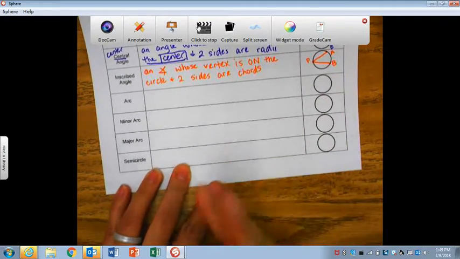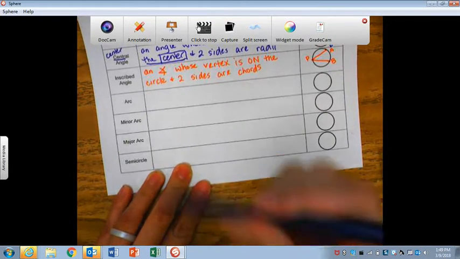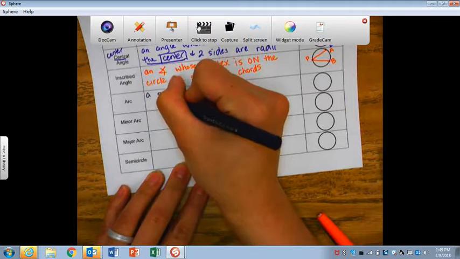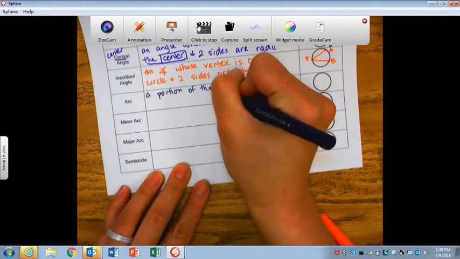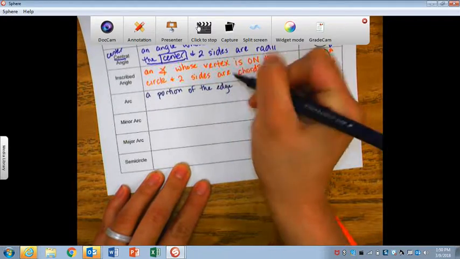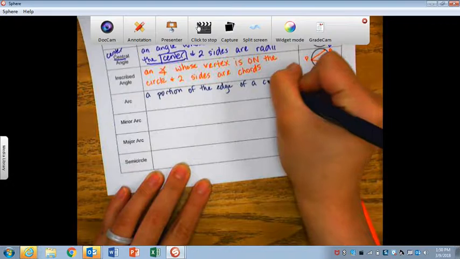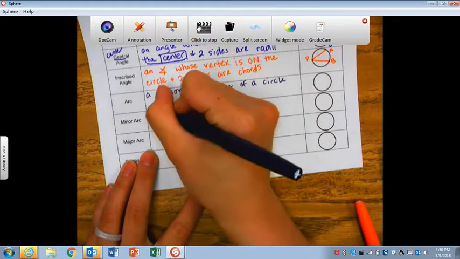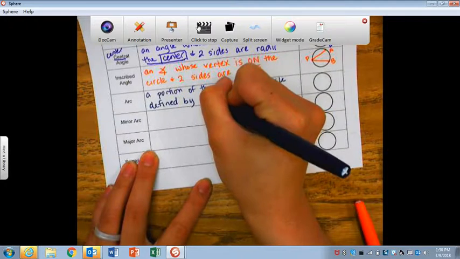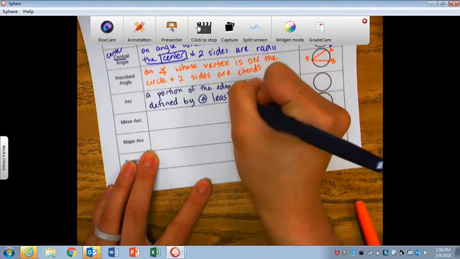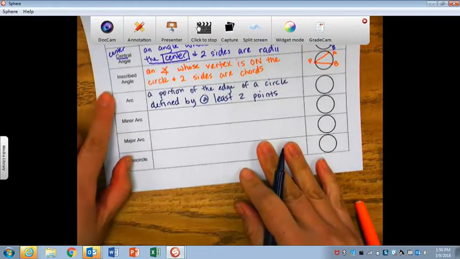An arc is a portion of the edge of a circle defined by at least 2 points. I like to think of the arc as a crust.